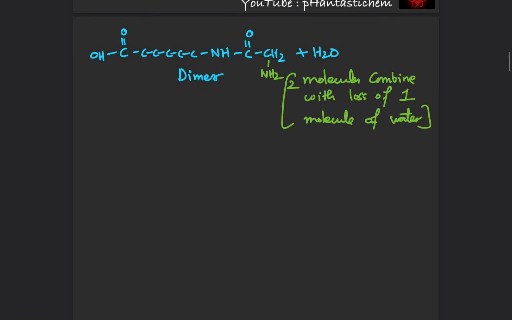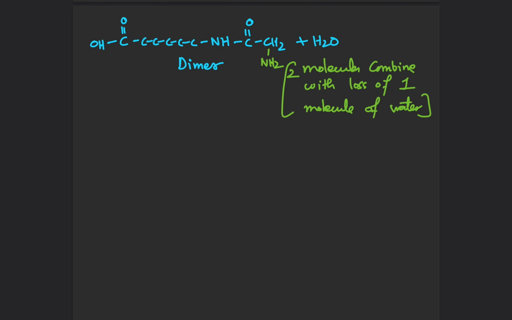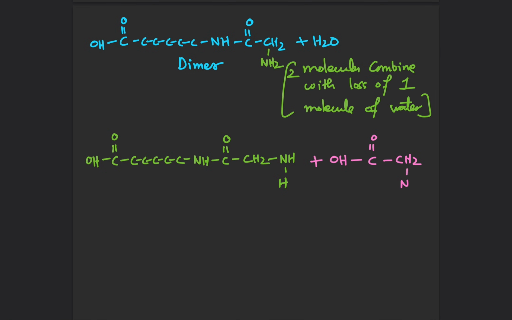Okay, so with respect to reaction I can write, so this is my dimer. So my dimer is C double bond OH, 5 carbon, NH, C double bond O, CH2. I will write NH2 in this fashion. Plus, let's say it combines with X, OH, C double bond O, CH2, and H2.